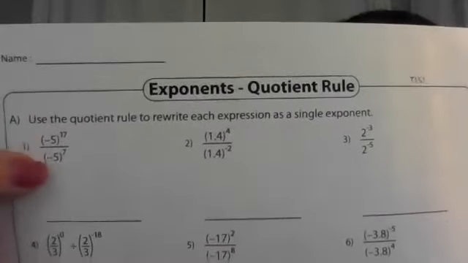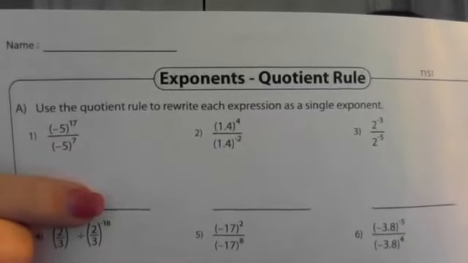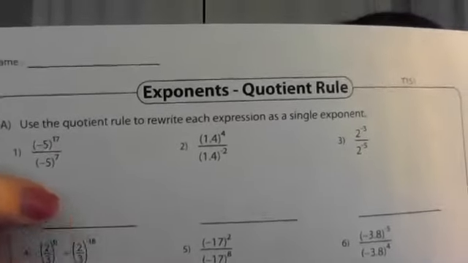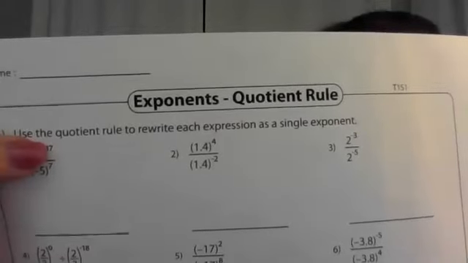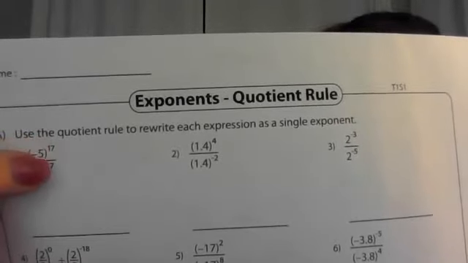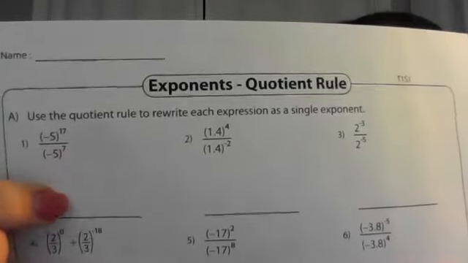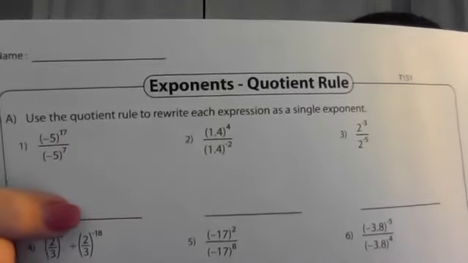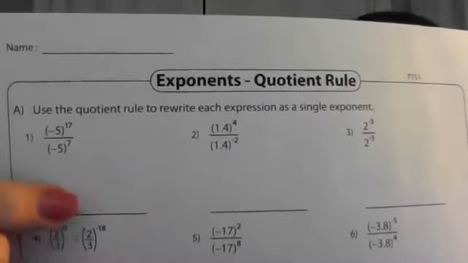I simply know to write -5 down here in parentheses because it's negative. And then I simply subtract the exponents, 17 minus 7. So my answer is going to be the base, -5 in parentheses, to the 10th power.